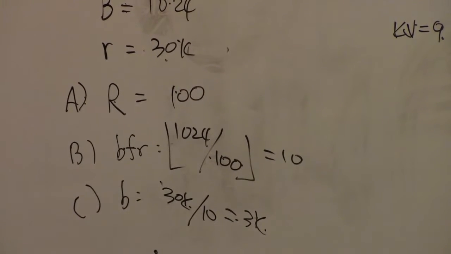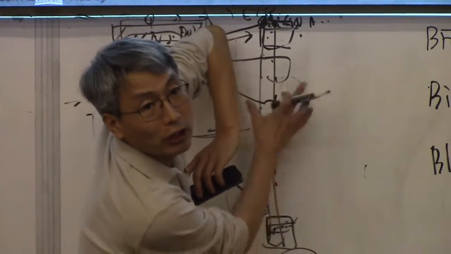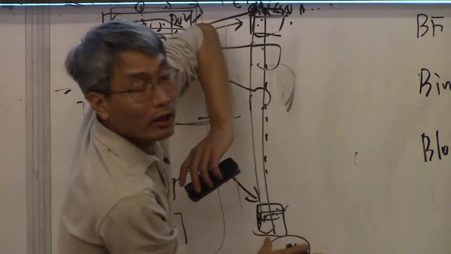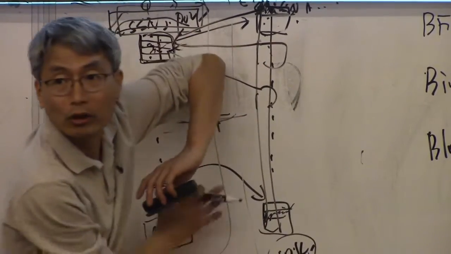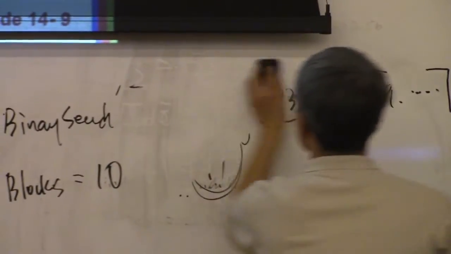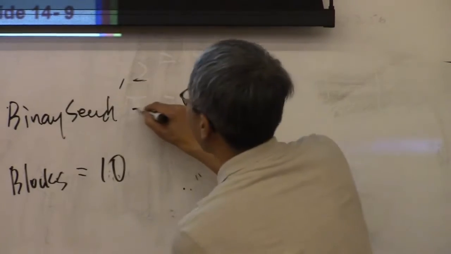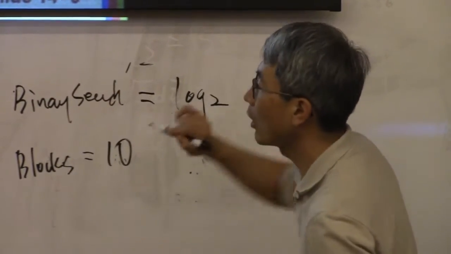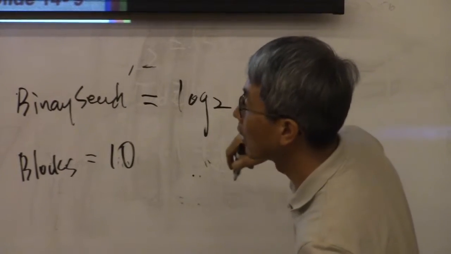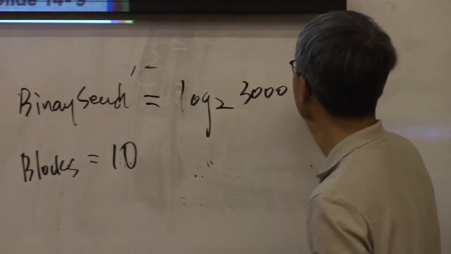Because this file is already ordered, we can use binary search here, right? In case of an ordered file, we can use binary search without using an index. So what is the complexity of binary search without using an index? Binary search is log base 2 of the number of blocks, which is 3,000 blocks.